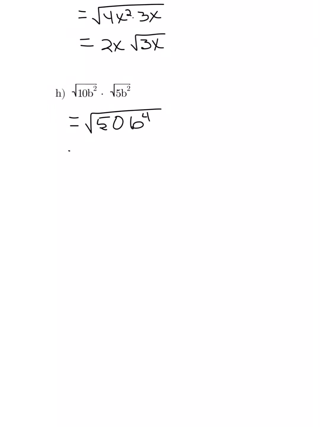Looking at our number, 25 goes into that, so we're going to break 50 into 25 times 2. b to the fourth, 4 divides by 2 evenly, so we're going to leave it alone. Now, the square root of 25 is 5. Take 4 divided by 2 and get b squared. Those come out. The square root of 2 stays inside.